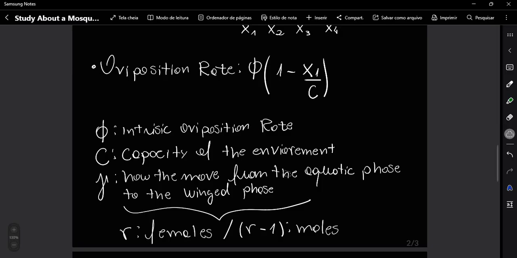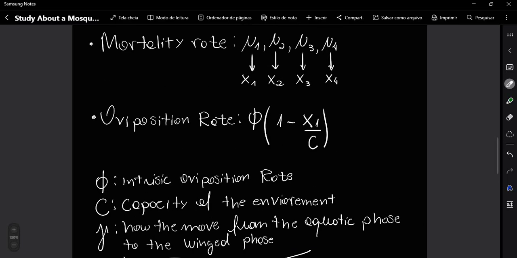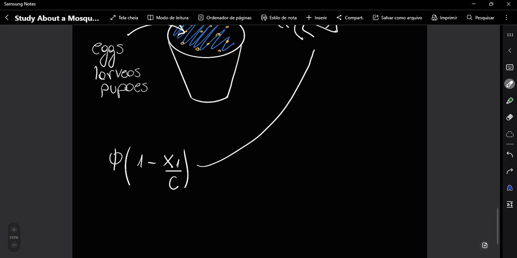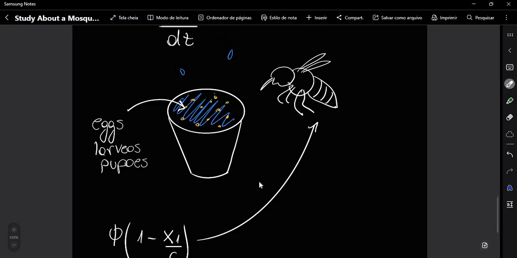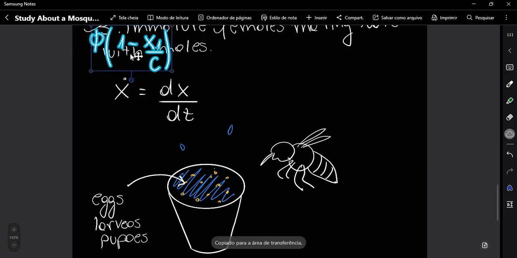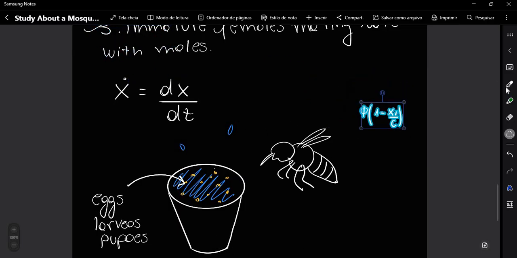It will depend if the mosquitoes have food. So we have this variable, the oviposition rate, which is directly related to the mosquito, how many eggs the female will lay down in this environment.